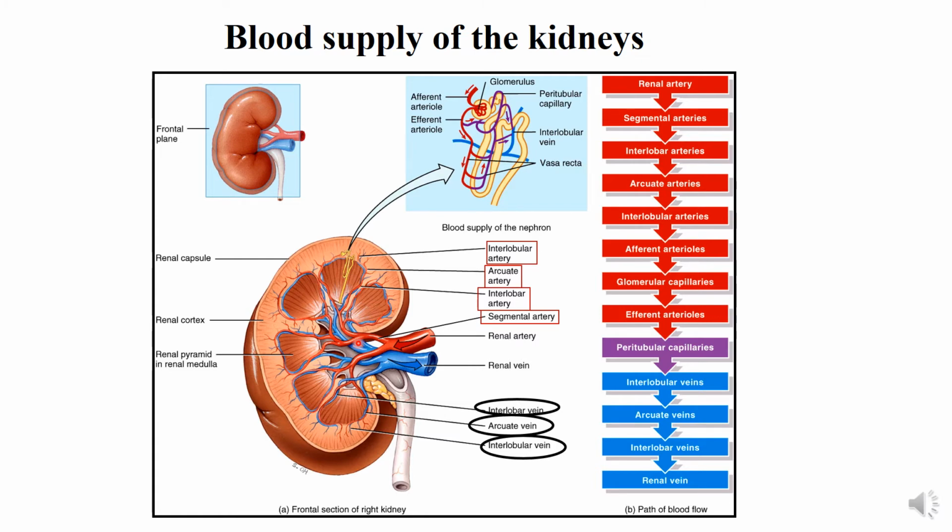One important thing about these segmental arteries is that they are end arteries. It means that they don't anastomose significantly with other segmental arteries. This is very important because it makes the area supplied by each segmental artery an independent unit.